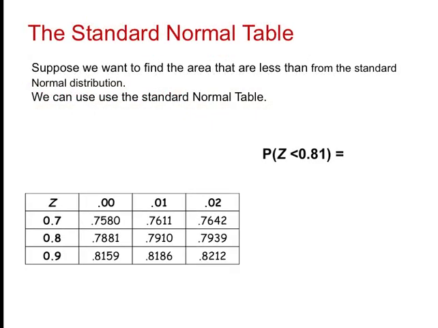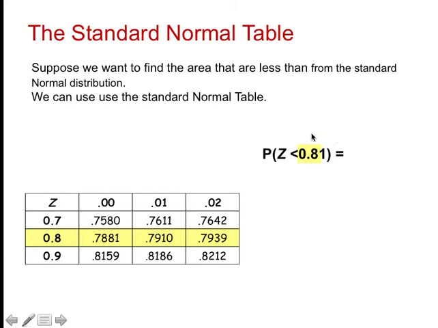The first step in reading the z table is to locate the z-score on the table. The table only shows values for z-score to 2 decimal places. Each table row is for a different z-score to the 1 decimal place, and the table column shows the 100th place. Suppose we want to find the area for the z-score of 0.81.